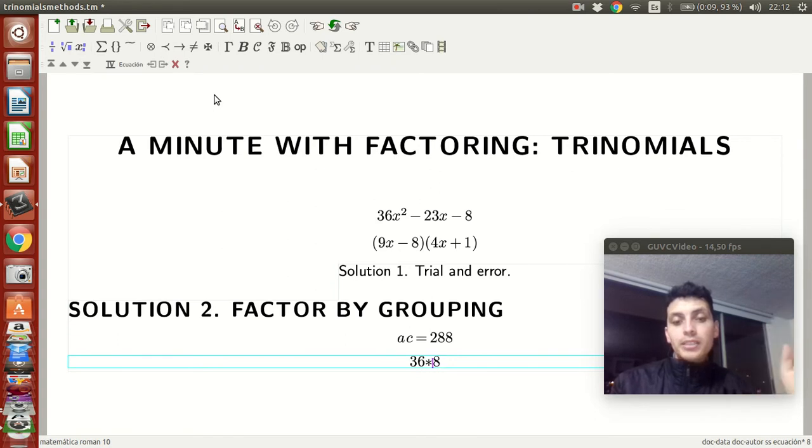So if you subtract it, no. Let's divide it. 18 times 16.